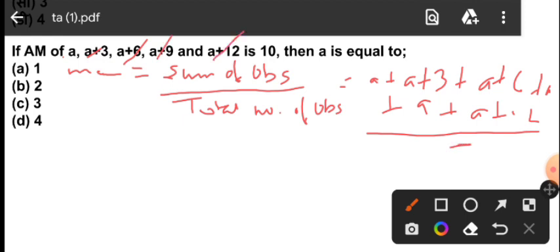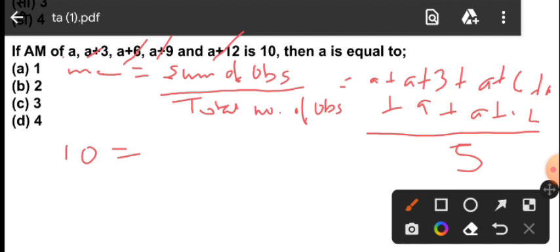Total number of observations is 5, right? So the arithmetic mean given is 10. So we will put here 10 in the place of mean.